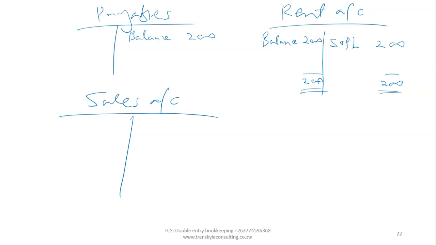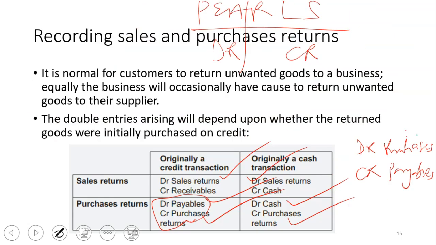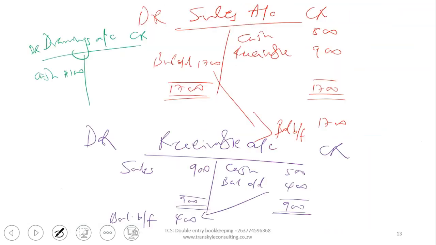We have got the sales account, which is also a statement of profit or loss item. So sales by nature are credits, so we expect you to find the balance for sales written on the credit side, and we are told in the ratio example that the sales were 1,700.